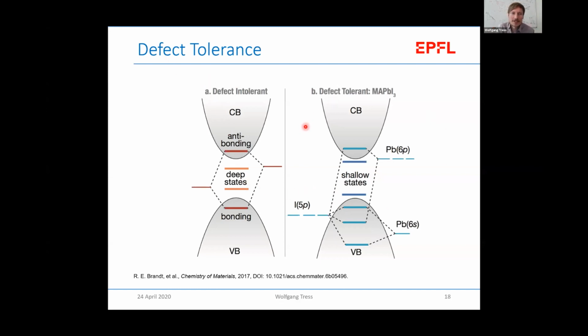This is illustrated here. Let's assume that we bring the constituents of this material together. Here is the classical case of what you would have if you bring A and B together with these energy levels. You would see an interaction and form new orbitals, bonding and anti-bonding ones.